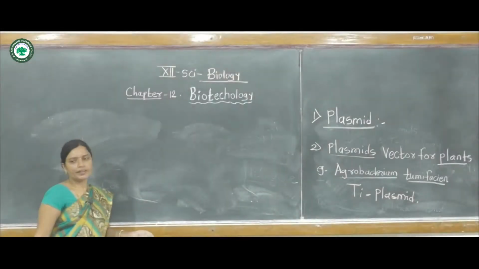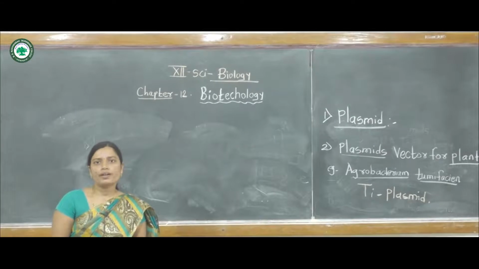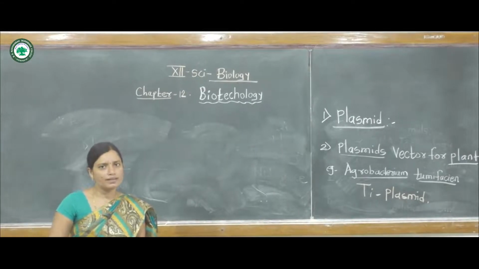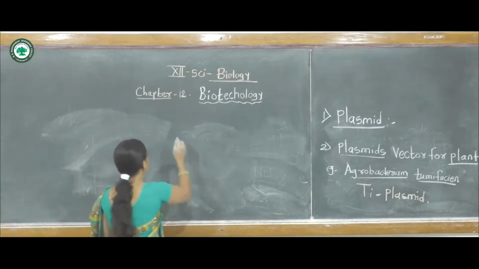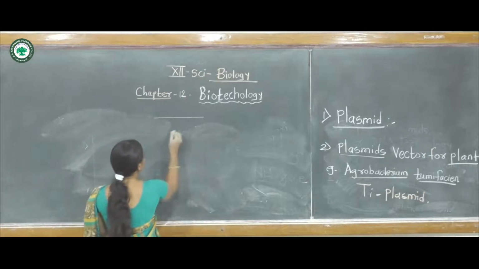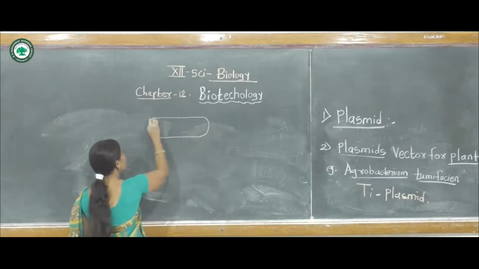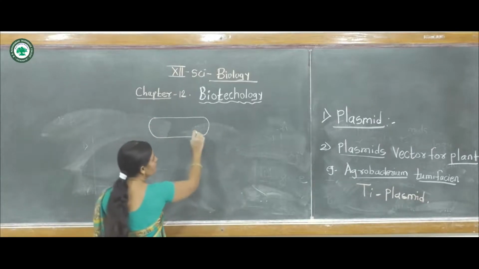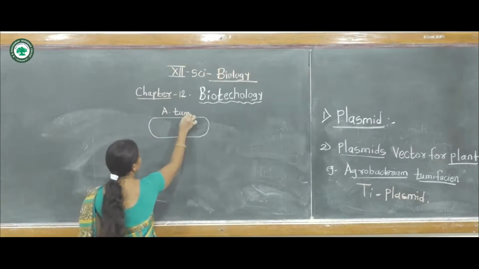The plasmid vectors are found in plants, but they can also be cloned or transferred to other plant cells or other bacterial cells. The first one is a bacterial cell, Agrobacterium tumefaciens.